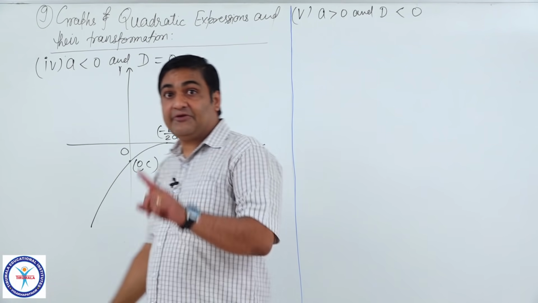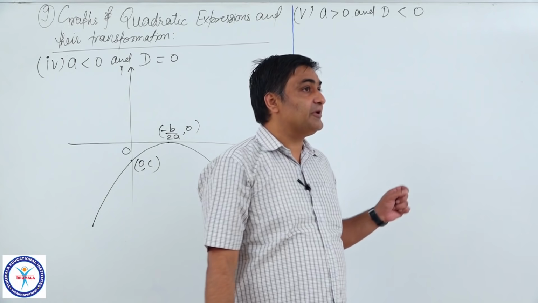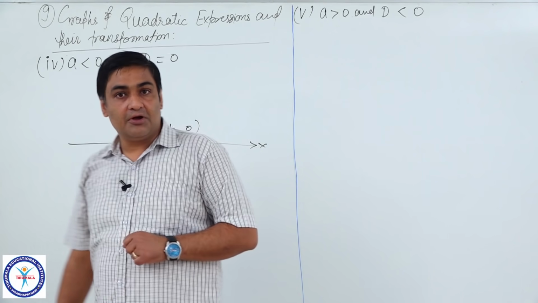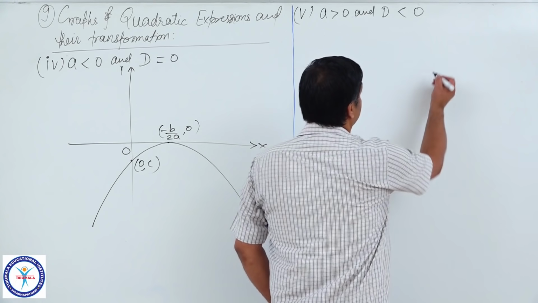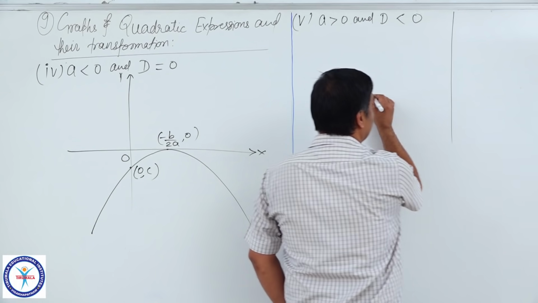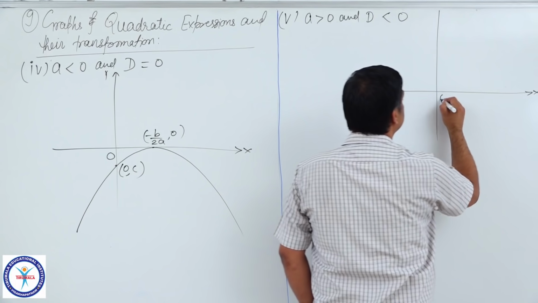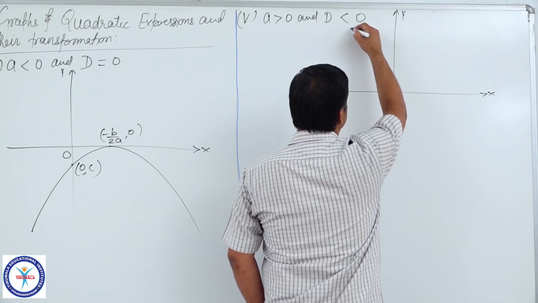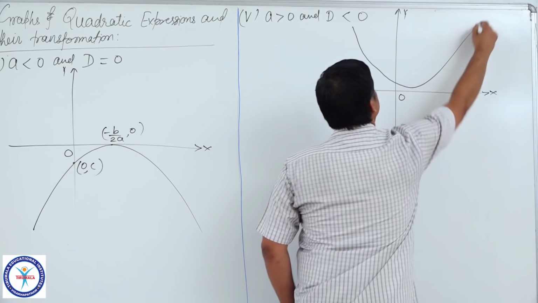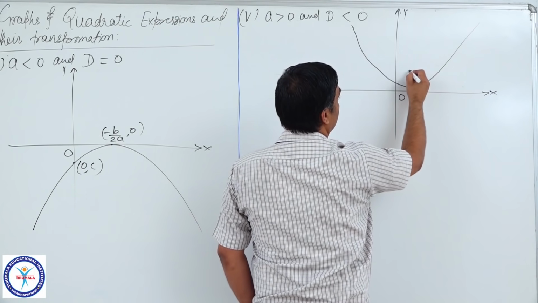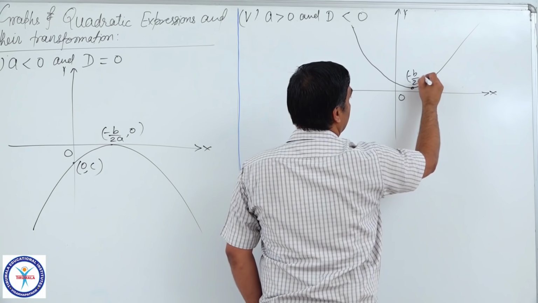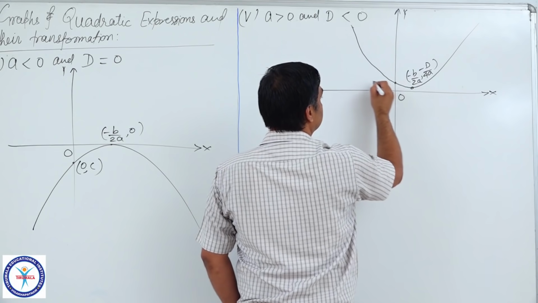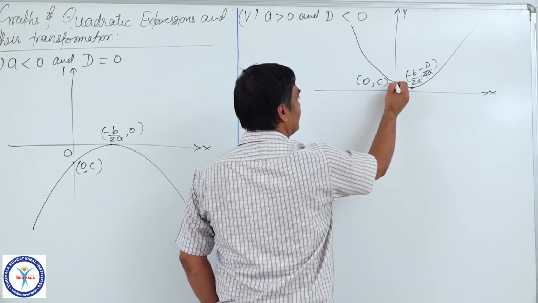D less than 0 means no real root. No real root means the graph will not have any common point with the x-axis. So the rough sketch of the graph will be like this, (minus b by 2a, minus d by 4a), (0, c).